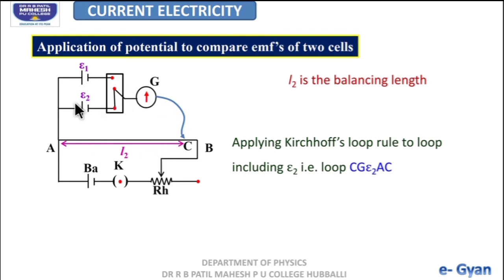The loop is running in the direction of increasing potential, hence the EMF of this cell is taken as plus E2. We can write it as minus phi into L2 plus E2 is equal to 0. Therefore E2 is equal to phi into L2. Let this equation be 2.